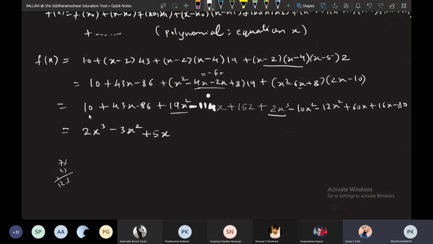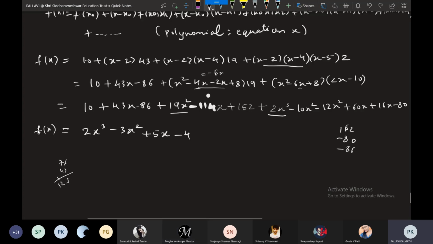Then what about the constant term? 10 plus 152 is 162. Okay. 162 minus 80 and minus 86. See how much you are getting. Minus 4, ma'am. Minus 4. This is what is known as the polynomial that you require. Is it clear?